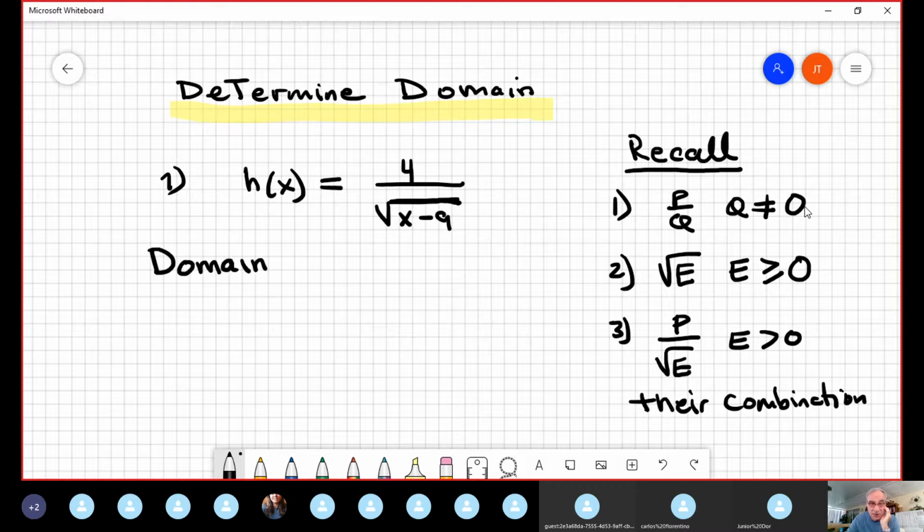The agreement for the domain, by definition, is the set of values of x in which the function is defined. So if it is undefined, it is out of the domain.